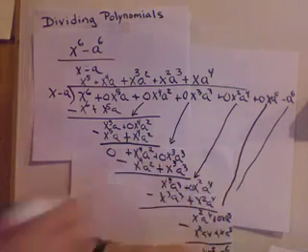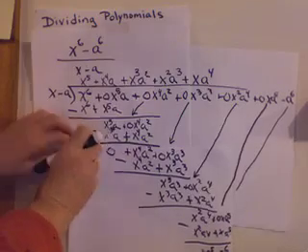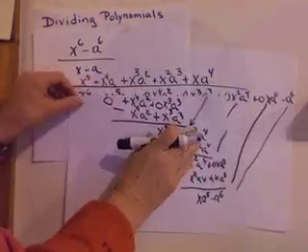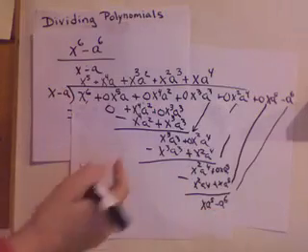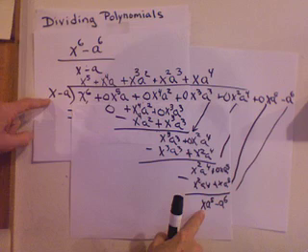All right. Now this is getting a little bit hard to see, so I'm going to move my paper up a little bit for you. So let's move that up. All right, so the next thing I brought down was minus a to the sixth. What times x gives me x a to the fifth?